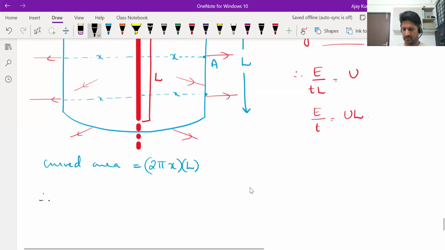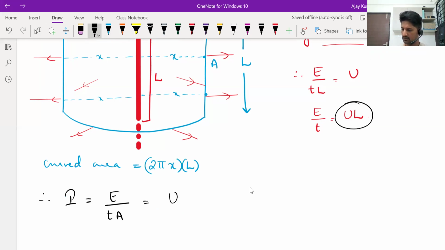Therefore, intensity by definition is energy per unit time per unit area. Energy per unit time is U into L divided by the area, 2 pi x into L. L gets cancelled. You get intensity as U divided by 2 pi x.